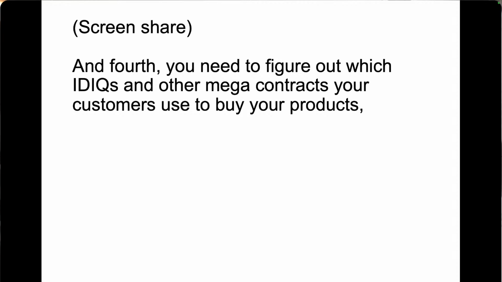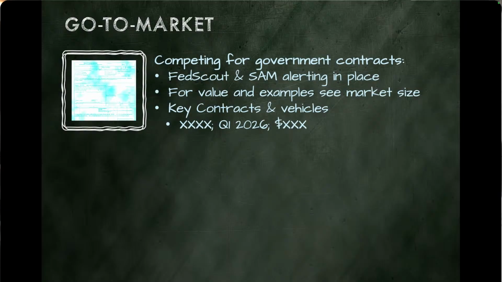And then the last thing that you want to do on this go-to-market slide is call out some of the IDIQs and other large contract vehicles that you expect the government to use to buy your stuff. And this is important not so much because it's a near-term go-to-market strategy. It's more important that you demonstrate to the investor that you understand this part of it and that you're working toward it.